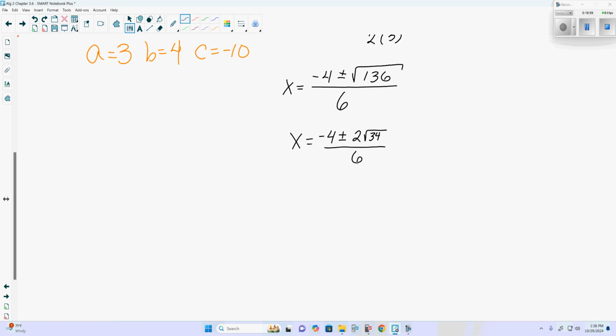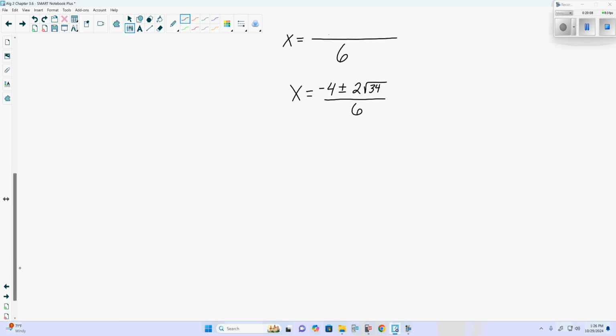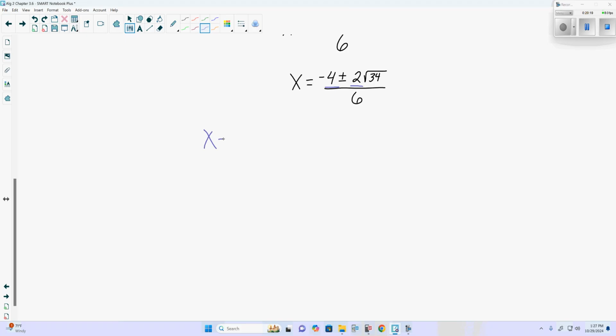Now, is there a greatest common factor between our 3 terms? 2. So we can factor it out. There's different ways for us to see how this factors out. One of them is by factoring the 2 out of the top 2 terms. If I factor the 2 out of -4, we're left with -2, plus or minus.